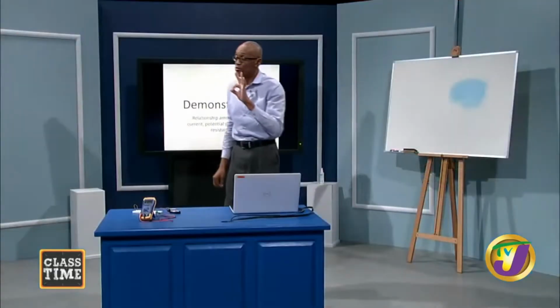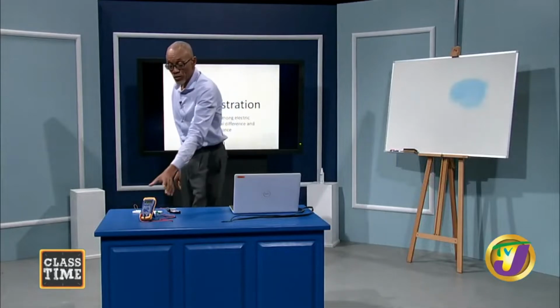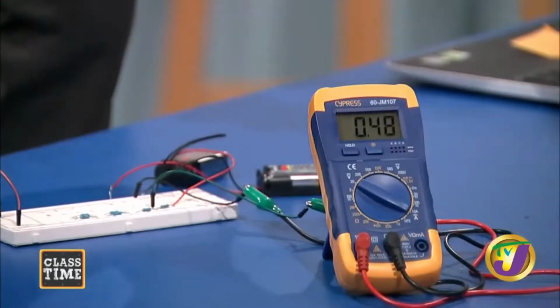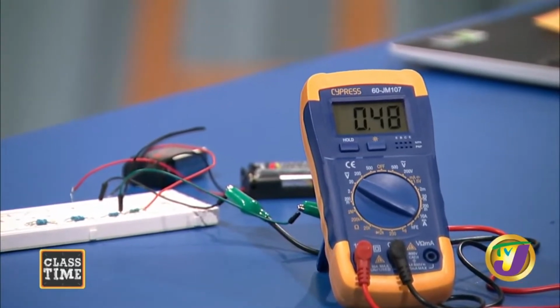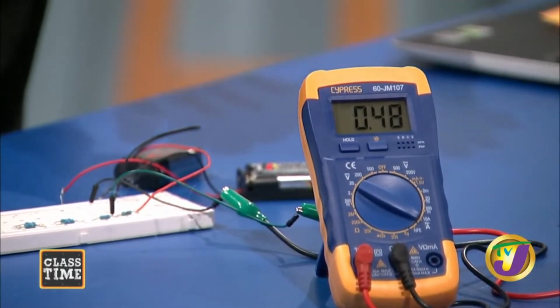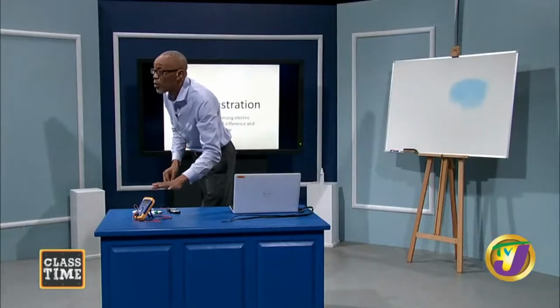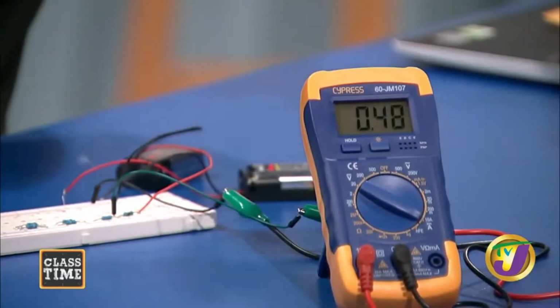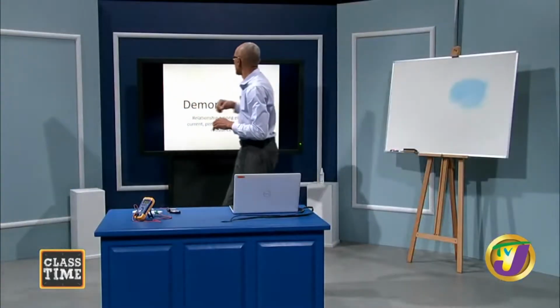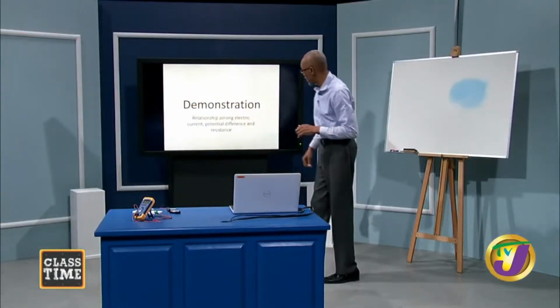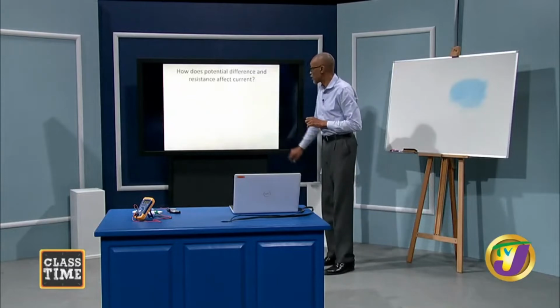Remember with the 3 volts, we had 0.20 amperes of current. With the 9 volts, we now have 0.48 amperes of current.